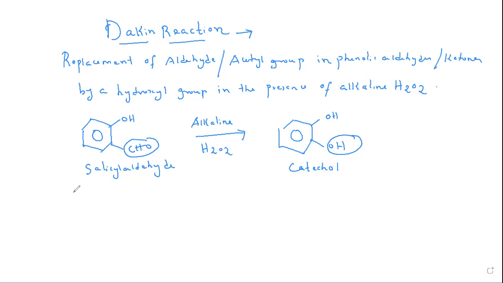So I'm going to explain the mechanism of this Dakin reaction, okay, so that you will be clear with your doubts how this aldehyde group has been converted into a hydroxyl group. Okay, so coming to the mechanism of Dakin reaction.